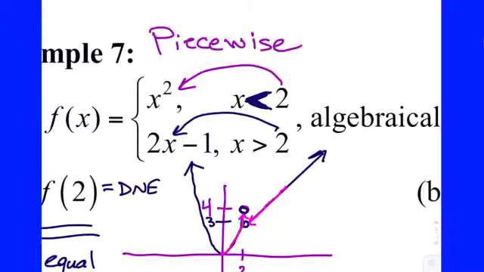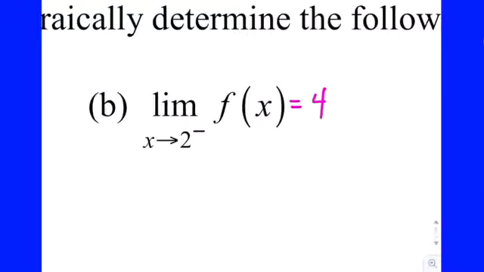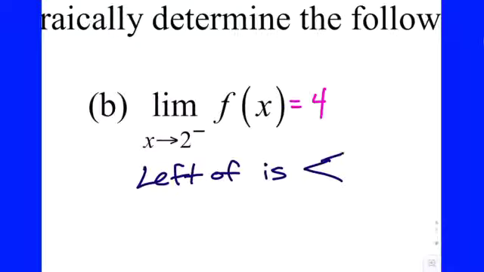So left of 2 is always less than 2. They have the same L sound. Okay? Left of is less than, which also looks like an L, which helps you remember which one is which, right? Left of is less than. Sweet. Okay?